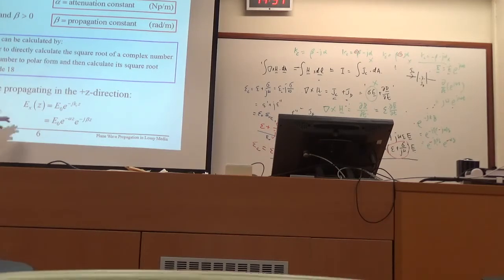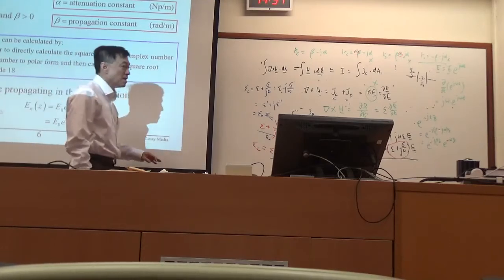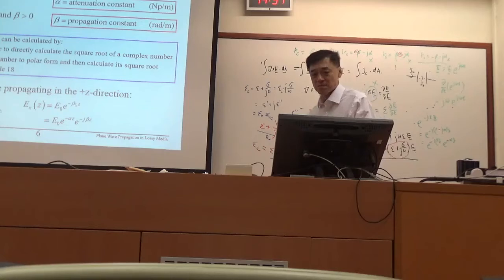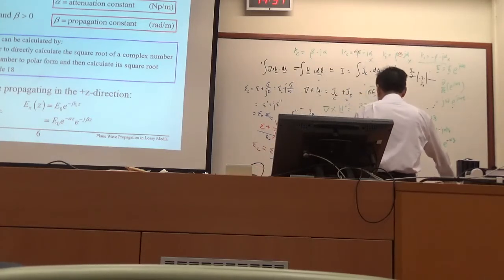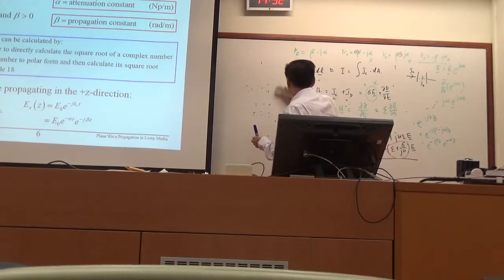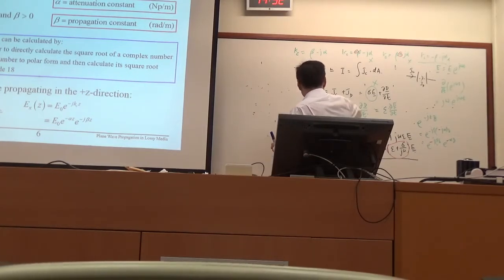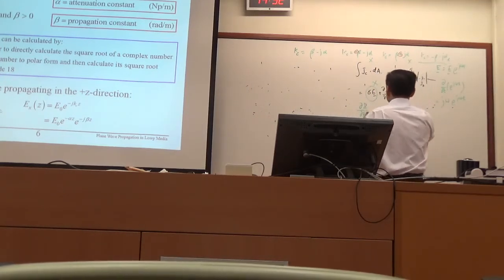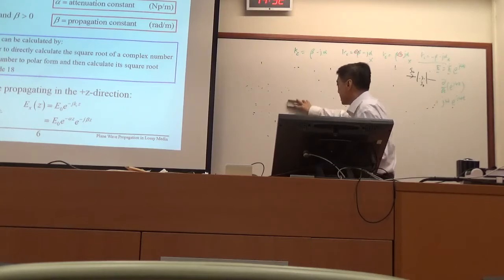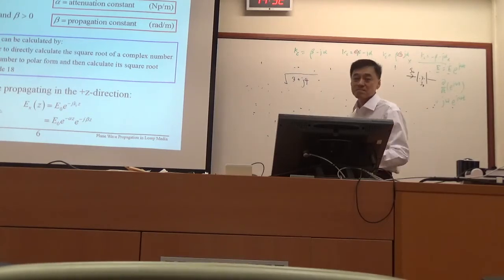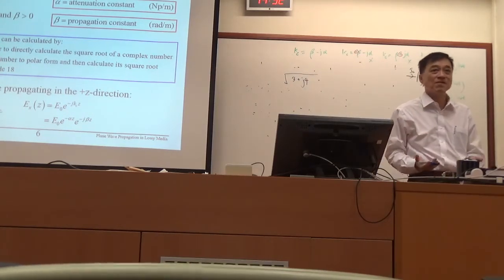Now, at this point here, I want to pause a bit, on the complex number. Can somebody tell me how to do, let's say, the square root of 3 plus j4?